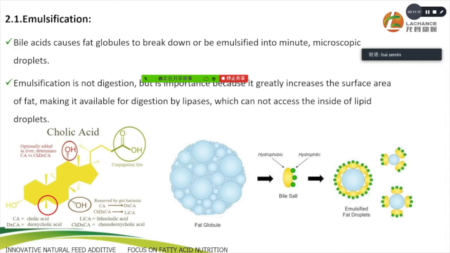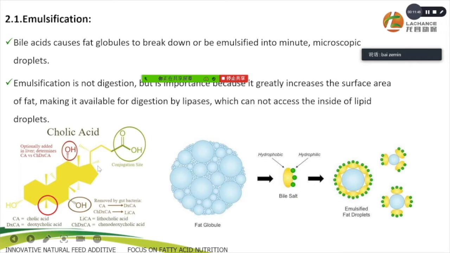But remember, emulsion is not digestion. This only increases the surface area of the fat drop and makes the lipids easier to digest. As we all know, lipase cannot access the inside of a lipid drop, only the surface of the droplet.